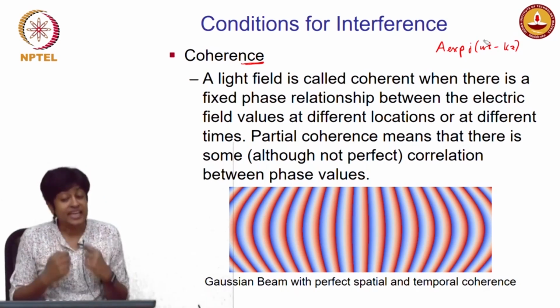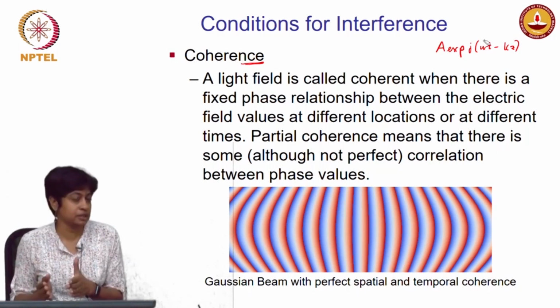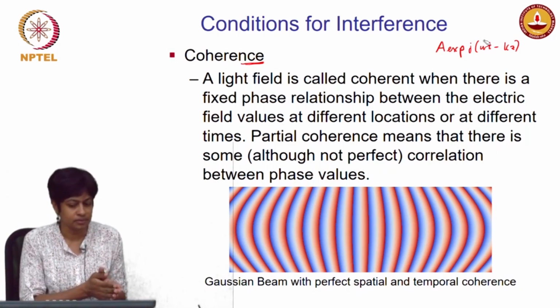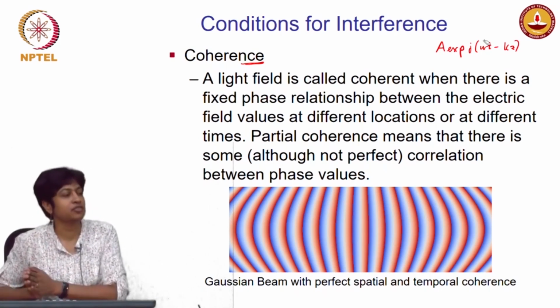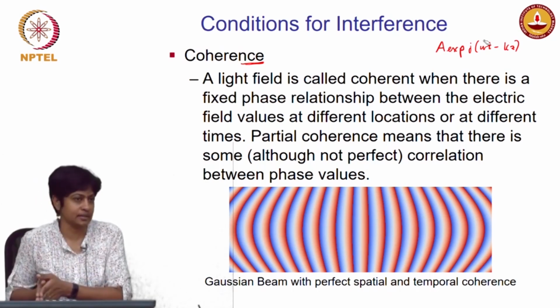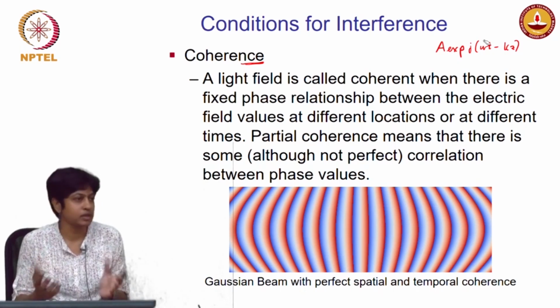So, you say it's coherent when you have a fixed phase relationship between the electric field at some position at some time and the electric field at another position at another time. Okay? If you have such a wave, we call it coherent.